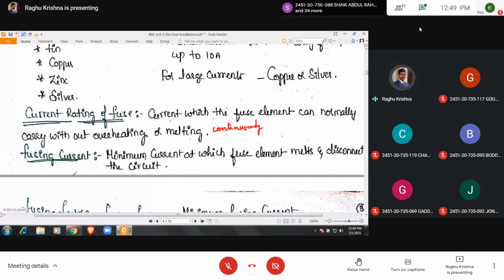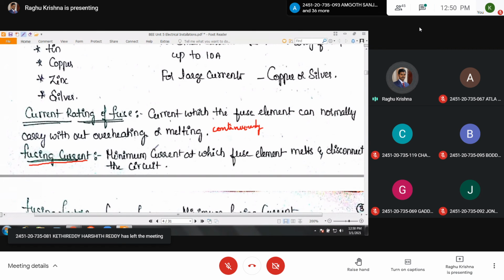Next, fusing current. What is the definition of fusing current? The minimum current at which the fuse element melts and disconnects the circuit is called the fusing current. If the current is greater than the fusing current, the fuse element will melt.